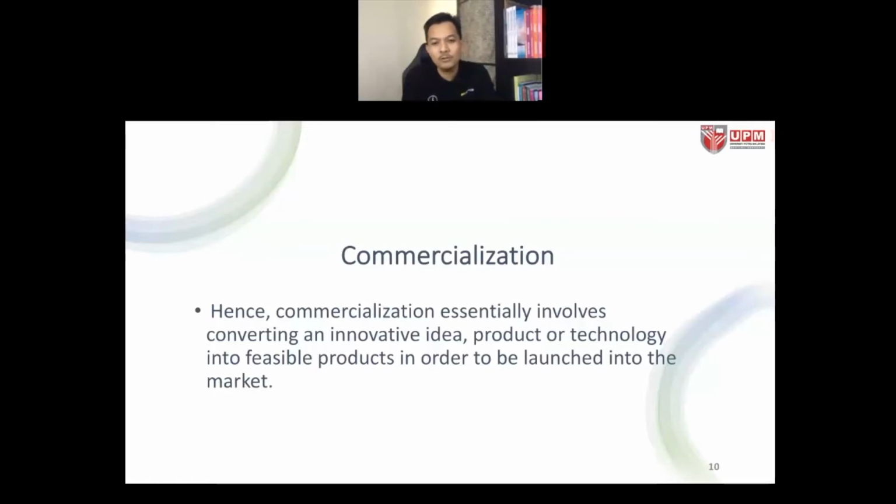They go straight into selling their product into the market. But this stage is very important, very vital. Some products take a longer period of time to go through the commercialization stage, and some products or companies go through it fairly quickly.